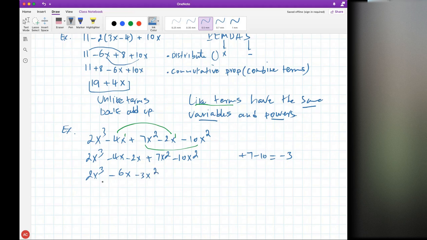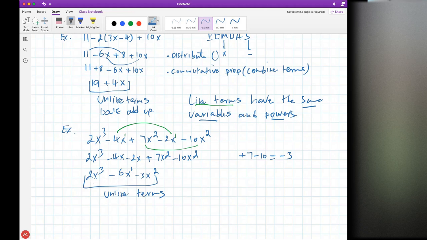Plus 2. Can we do anything else here? No, that's right. All these are different. The power here is 3, the power here is 1, the power is 2. So these are unlike terms. They cannot be added or subtracted, they're all different.